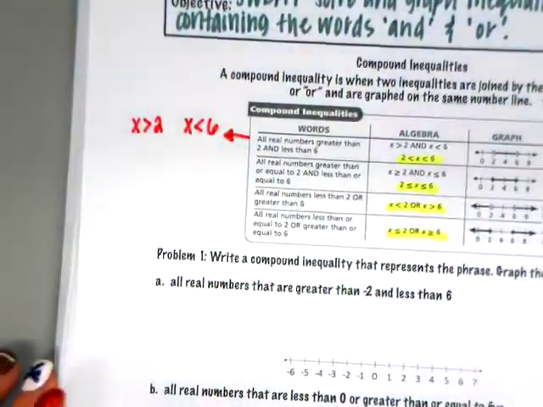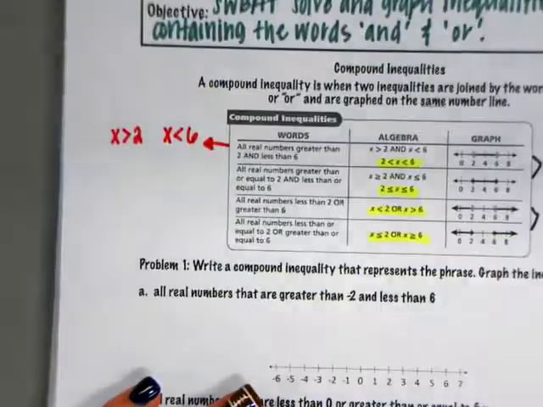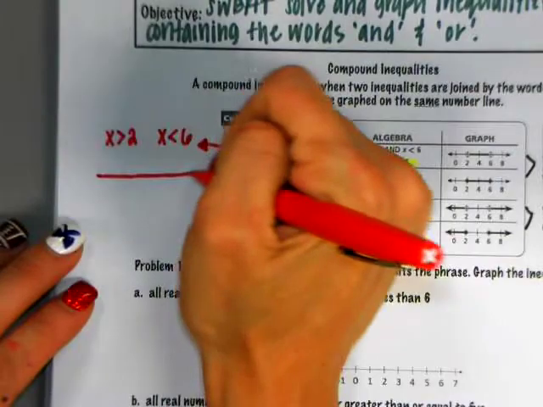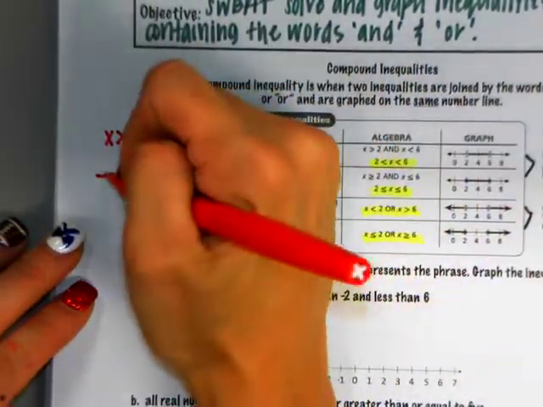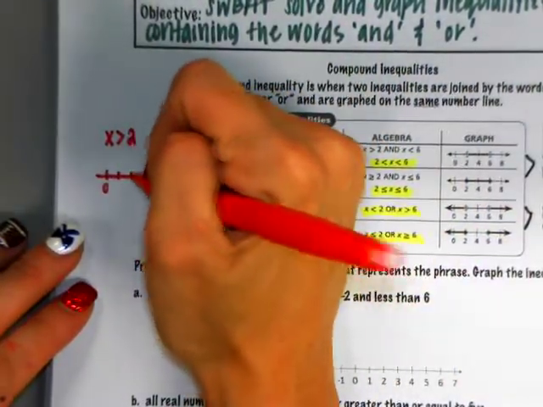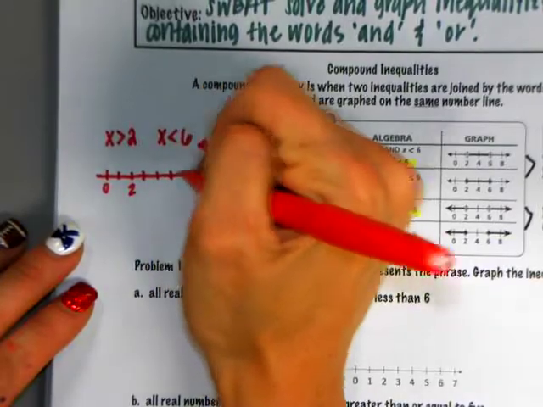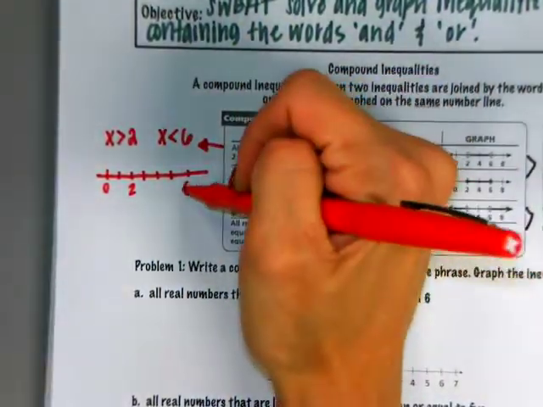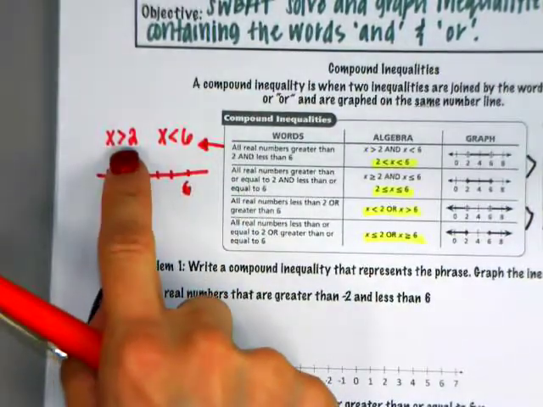So if we're trying to build off of this one, an "and" inequality, let's graph this real quick. So on a graph, we have 0, 2, 6. Okay, so at 2, is it going to be open or closed?